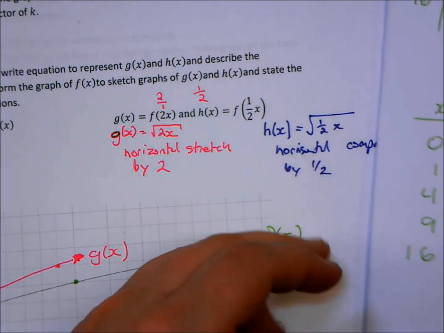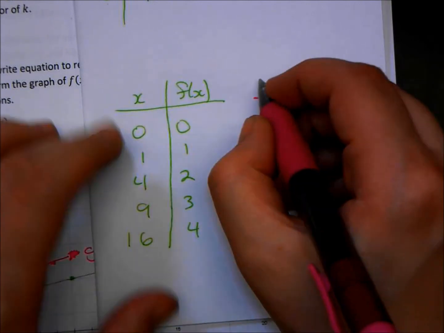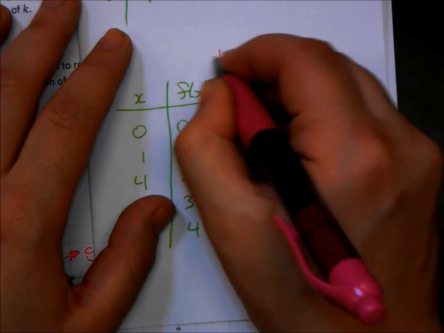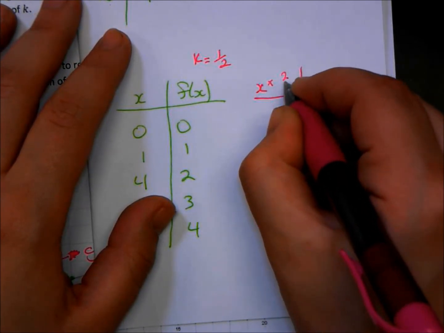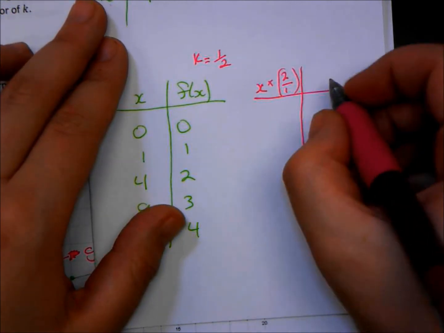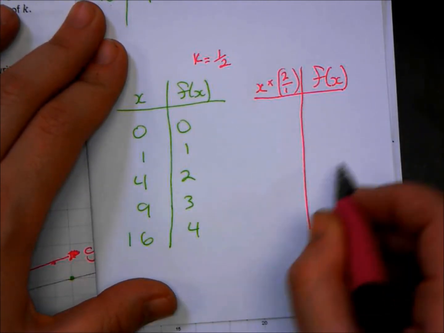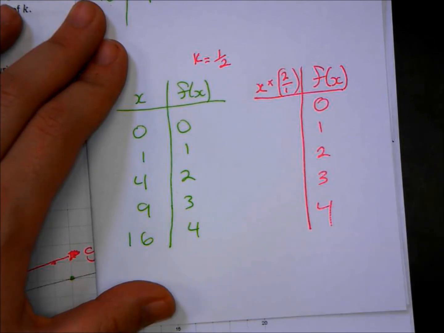This k term is telling us that k equals 1/2, so we multiply by 2 over 1. We multiply by the reciprocal of the fraction. Our f of x is going to stay the same. So we're going to copy these numbers right here, 0, 1, 2, 3, 4.